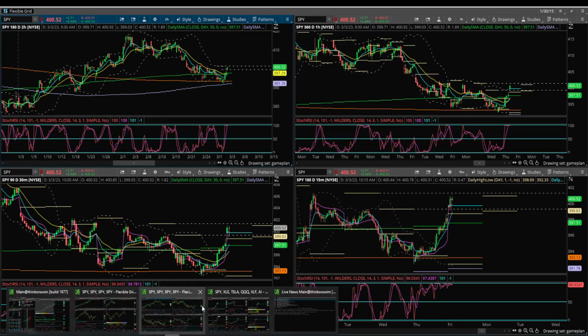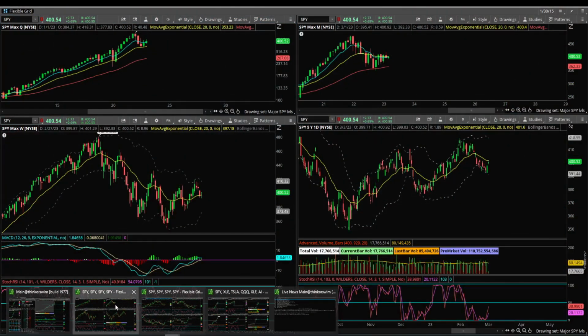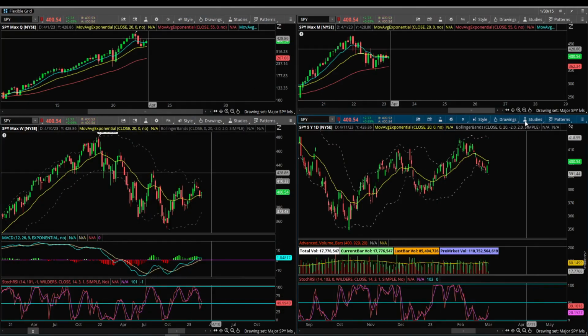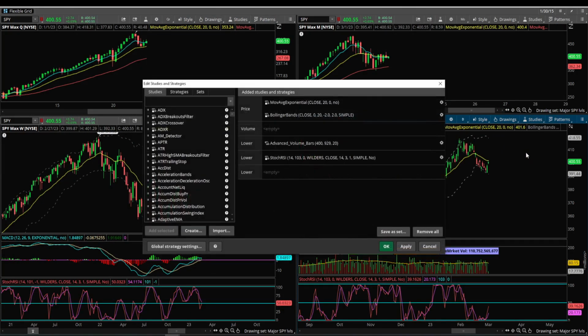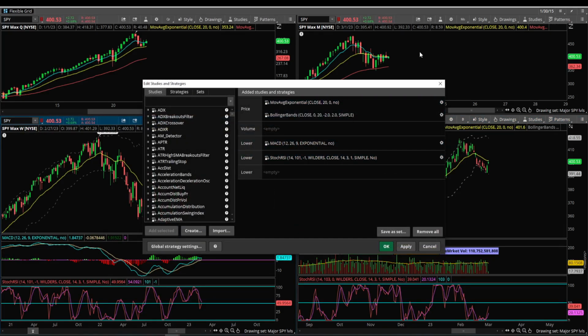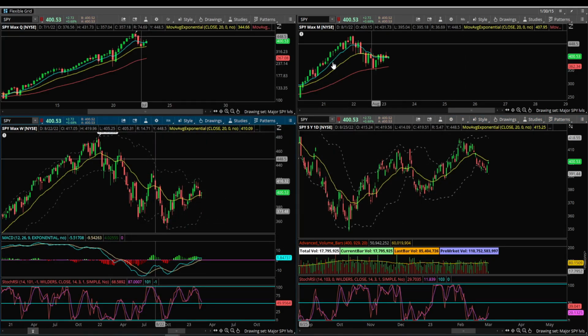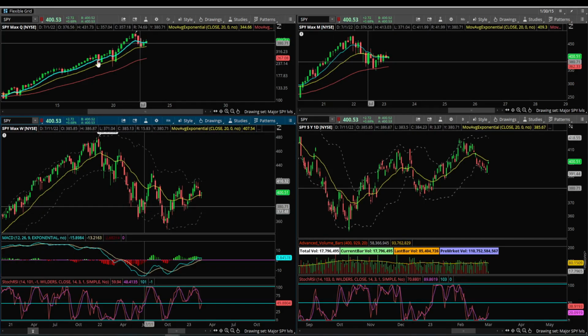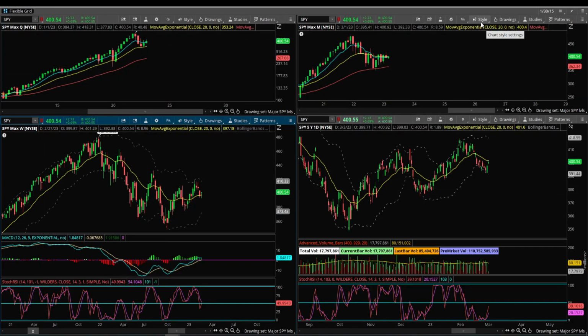And then finally, we're going to zoom all the way out. Look at our daily chart here. As you can see, much less indicators than the smaller time frames. Here's our weekly chart. And then on these monthly and quarterly charts, I actually do have moving averages.